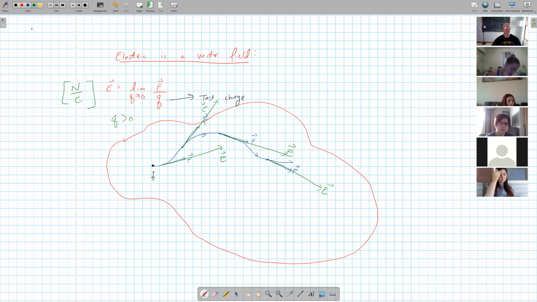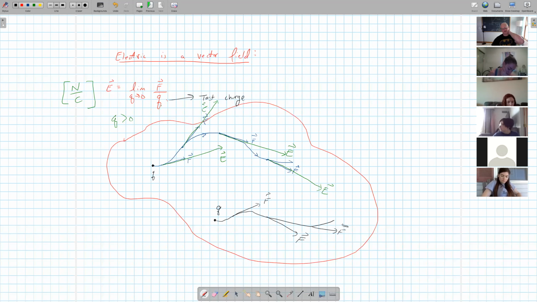Okay. Then if I drop my test charge in, say at a different location here, we would do the same thing. Let's say it follows this particular path here. Again, we just measure the force at different locations, and then we map out the electric field that way.